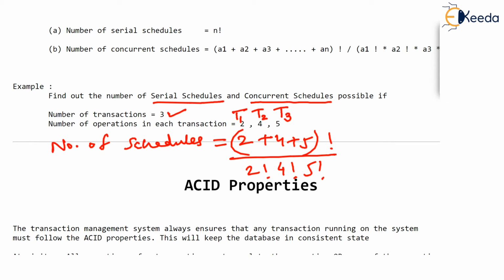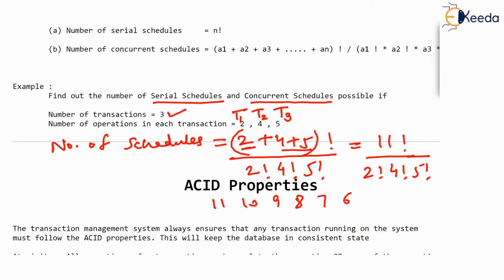So this will be 9 plus 2, 11. 11 factorial divided by 2 factorial into 4 factorial into 5 factorial. So this amounts to 11 into 10 into 9 into 8, 7, 6, because then 5 factorial here will get cancelled out. And what remains in the denominator is 2 multiplied by 24. 4 factorial is 24.